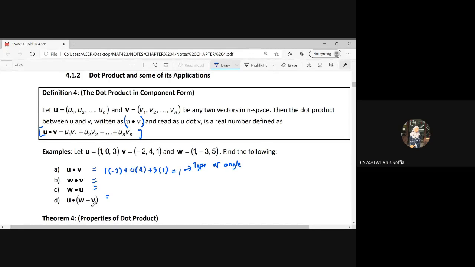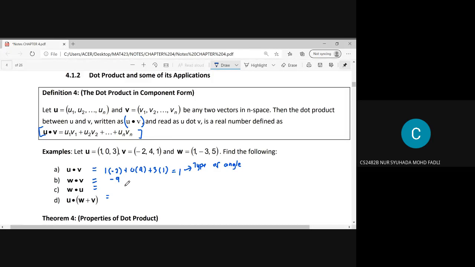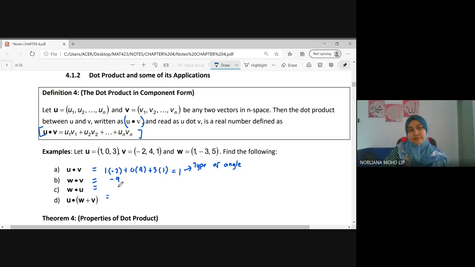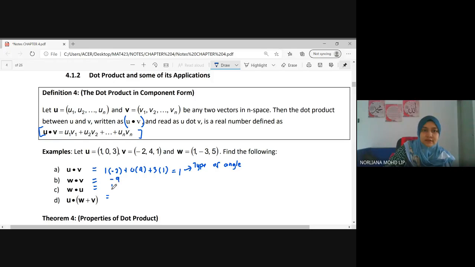We get negative 9. Then w dot u is 16. Okay, D.